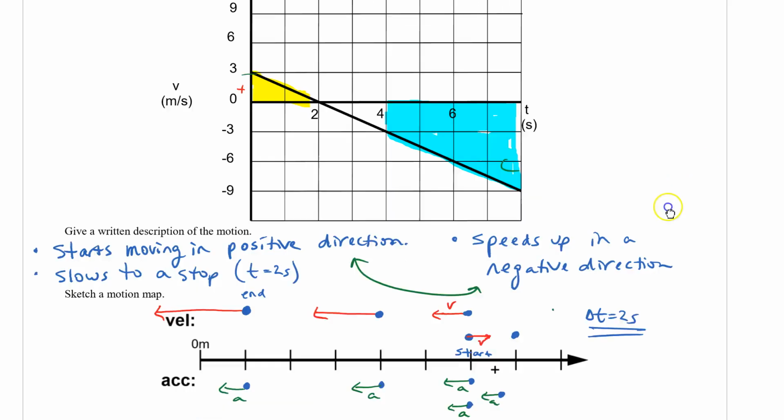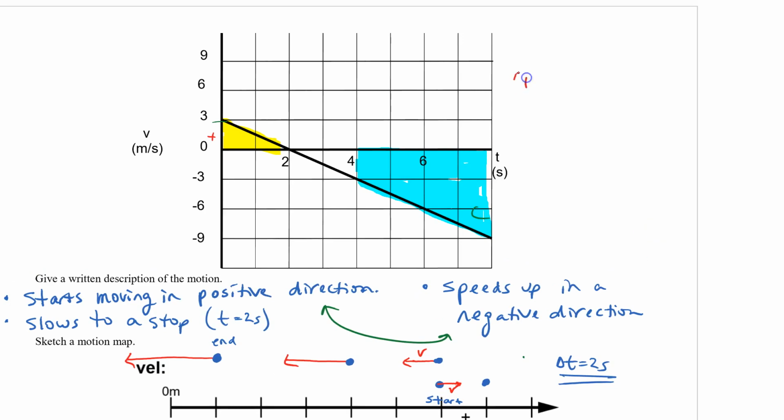Method number one: because we have to figure out this area, we can say the area is equal to a rectangle plus the triangle underneath it. I think this is probably how most of you would solve this problem.